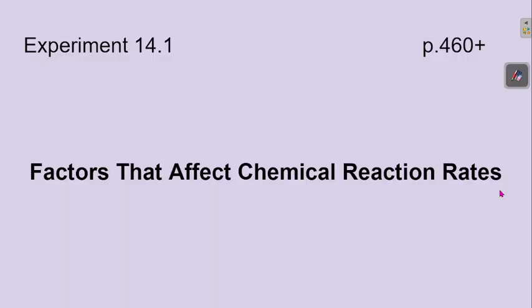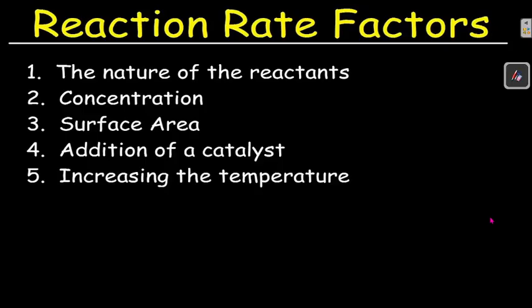You are going to be performing experiment 14.1 on page 460 plus in your textbook. So you're going to be studying factors that affect chemical reaction rates. And we're going to talk about your results in more detail during our Zoom meeting. Let's look at them one at a time. Reaction rate factors.